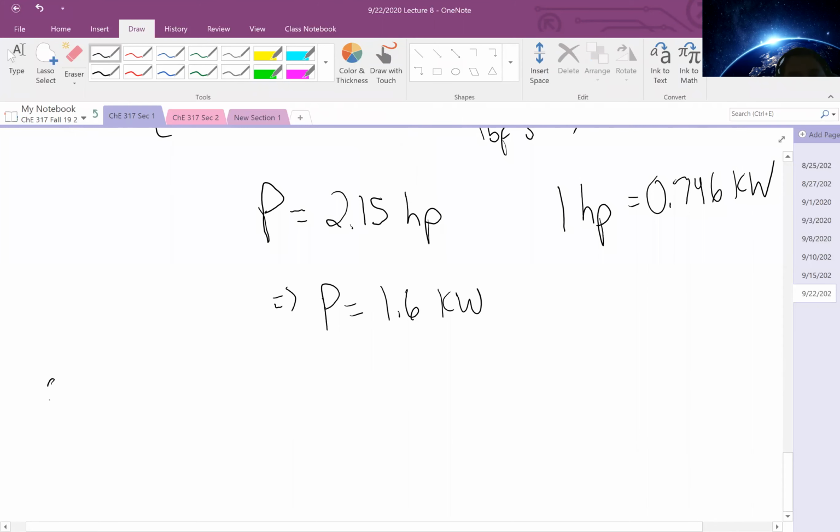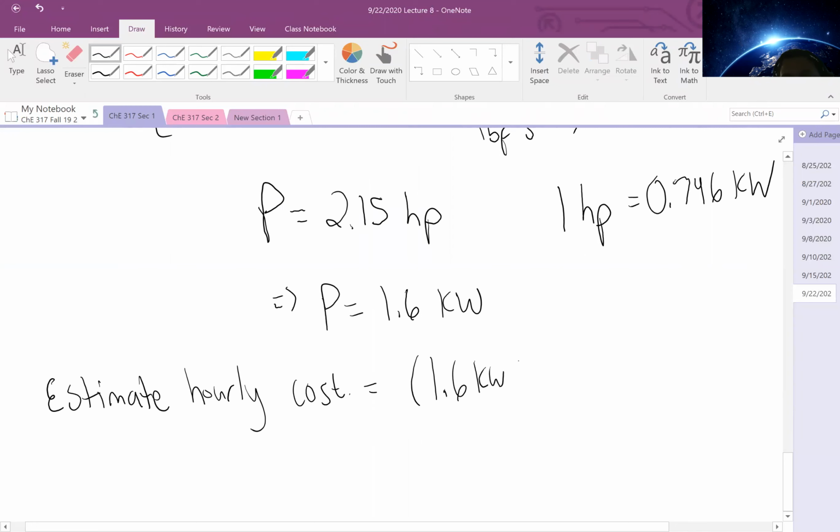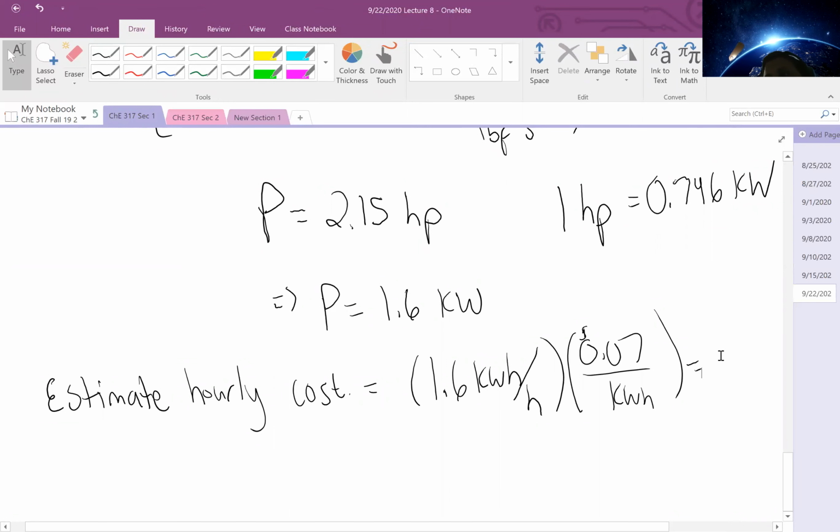And so to estimate my hourly cost, I can say if I have 1.6 kilowatt hours per hour times 7 cents per kilowatt hour, this tells me my hourly cost, which is surprisingly low.